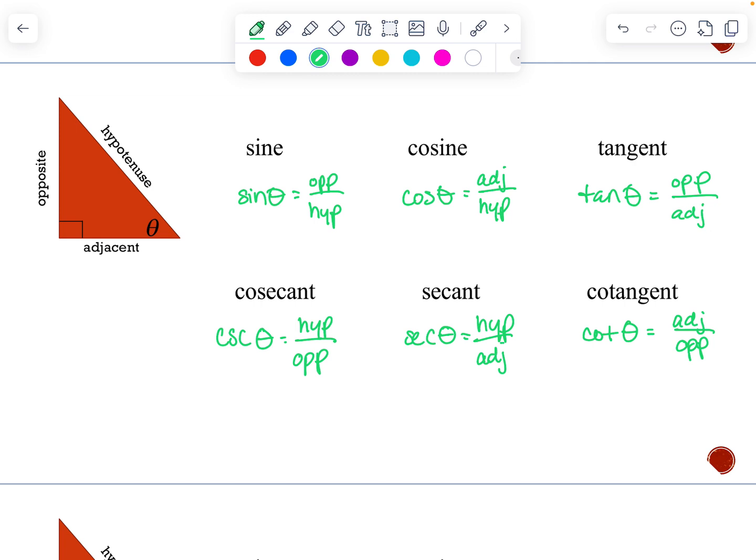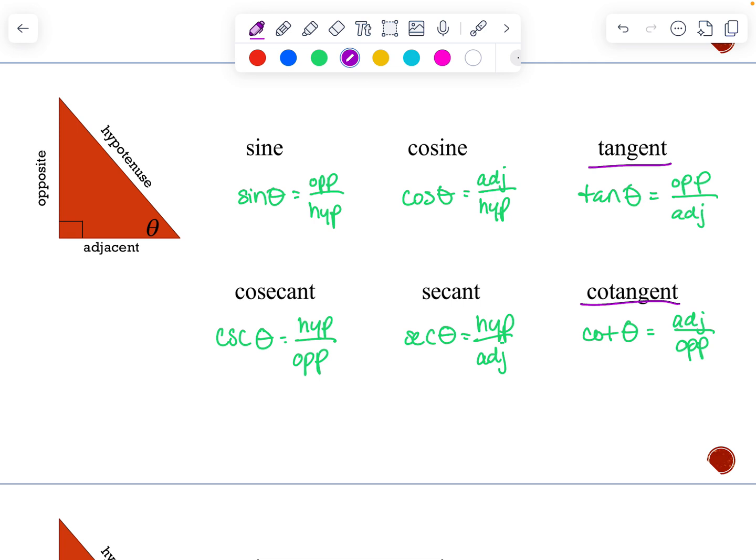As far as remembering which one pairs with which, I don't really have a super great trick for you other than hopefully we can remember tangent and cotangent. Those 2 things sound pretty similar, so those are reciprocals, and typically I don't have issues with people remembering to match those 2 together.